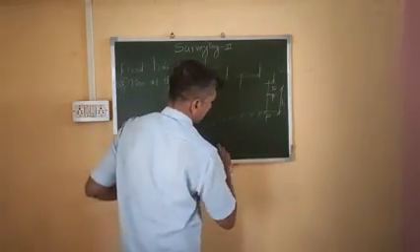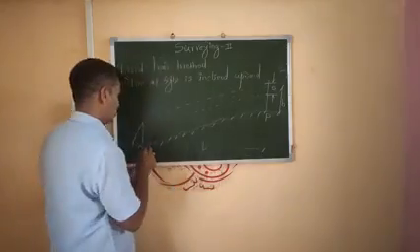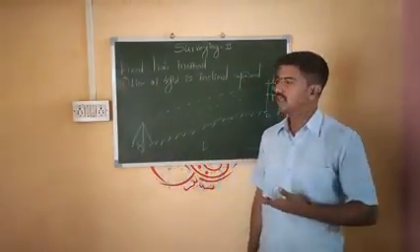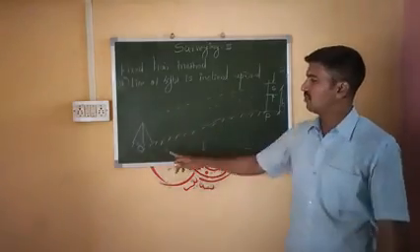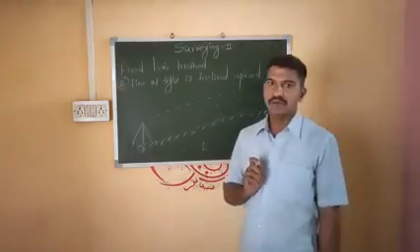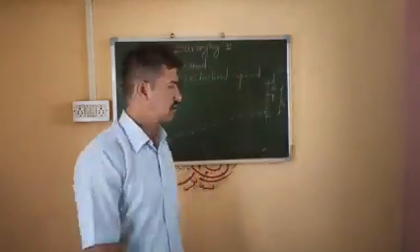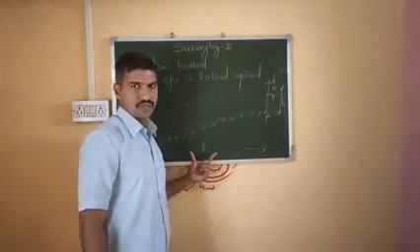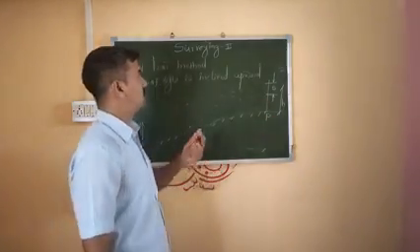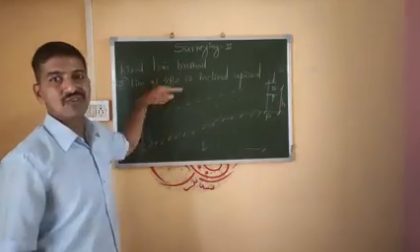So either we can use the chain or a tape to do this particular thing, or we can go for the auto level to find out the RL of point P. But by using tachymeter, both the things, means the horizontal and the vertical elevation of the point P, can be found out by using a simple method which is called a tachymeter.